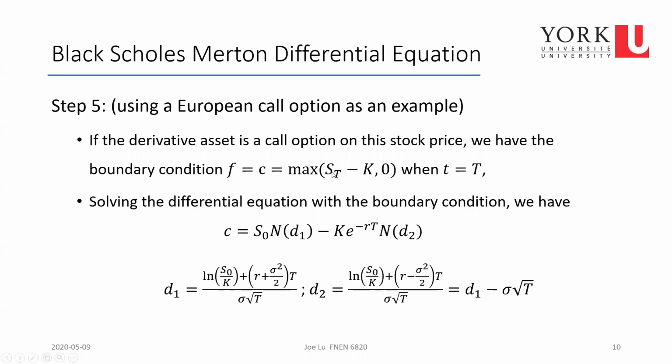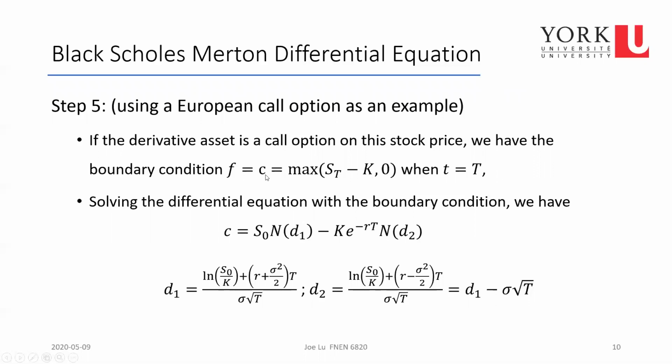If the stock price at maturity is greater than the strike price, the value of the call is ST, the price of the stock at maturity, minus the strike price. If the stock price at maturity is smaller than the strike price, then the value of the call is 0.